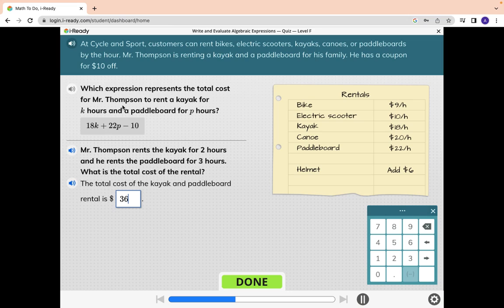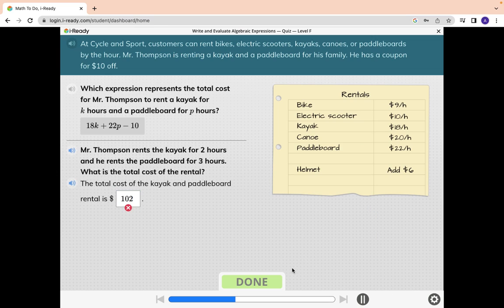So 36 plus 66 equals 102. Never mind, one second. When K is 2 and P is 3, the expression is equal to 92. So the total cost of the rental is $92, after minus 10.